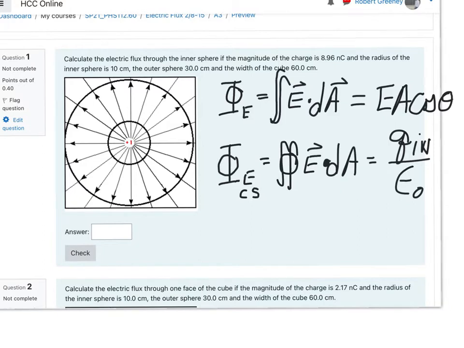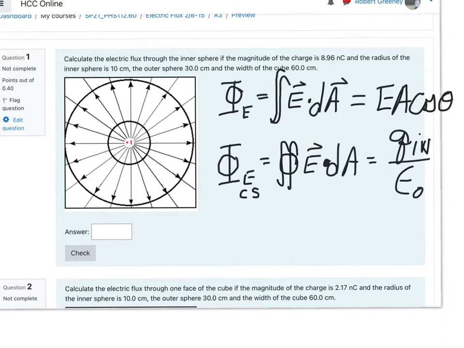Because the same amount of field passes through them. Why? Because they all enclose the same amount of charge. There's a positive charge here that we're representing with 20 field lines. And so whether we look at this surface or this surface, we see 20 field lines coming out. Field lines coming out means there has to be a positive charge inside.